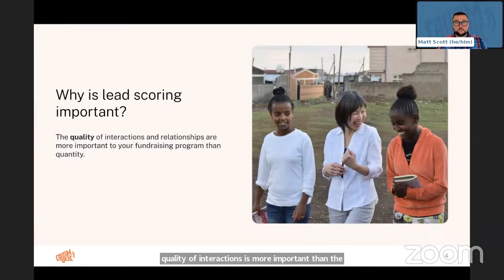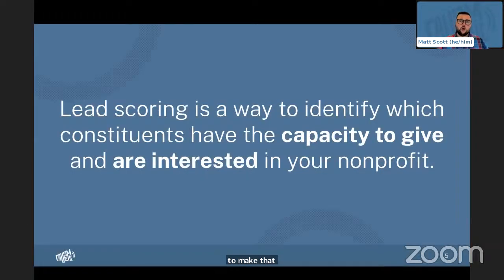Marketing helps us build brand awareness for our nonprofit, and it generates these incredible leads. The truth is that not all of those leads are likely to give us a major gift. So we need to identify which of these leads is most likely to give. And that process can be very time consuming. That is why lead scoring is so important: it helps to make that process more efficient and more effective.